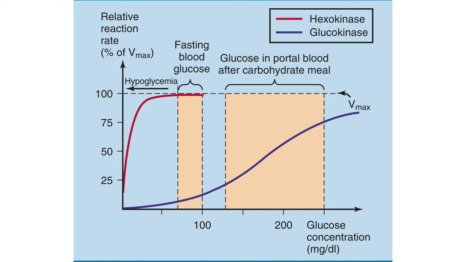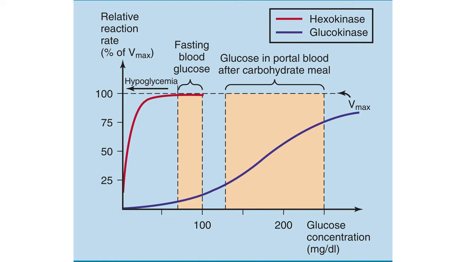But what's special with glucokinase, which is our isoenzyme found in the liver, is at a glucose concentration of 100, it has low activity, and its maximal activity will only be reached at a level of 200 to 200 plus milligrams of glucose per 100 ml. So what does that mean?